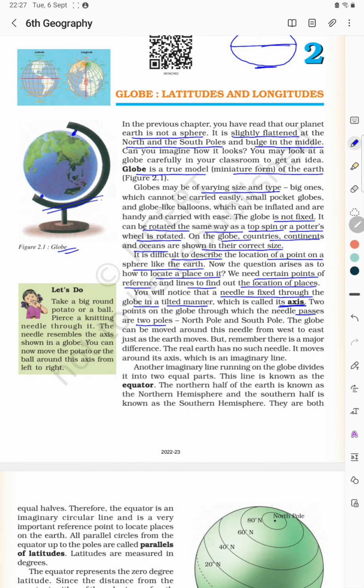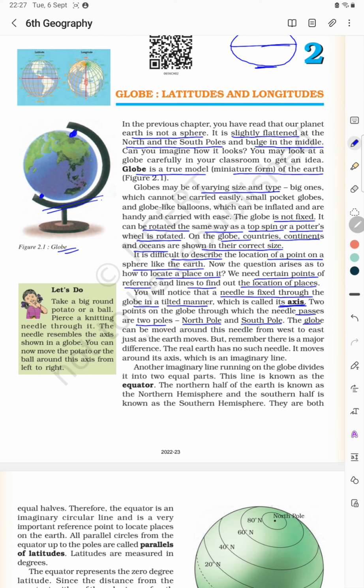This upper one is the north pole and this lower one is the south pole.